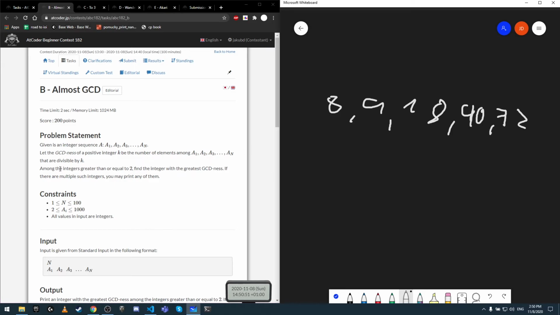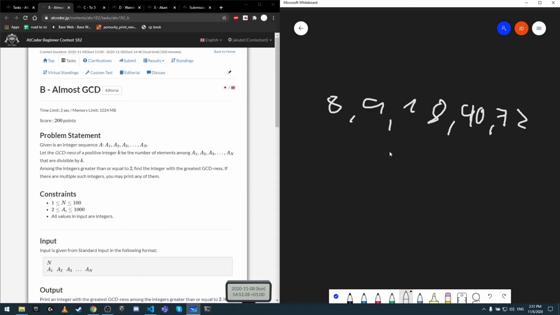So what is GCDness? GCDness is the number of elements that are divisible by that integer k. Now amongst integers 2 or bigger, you need to find such an integer that it divides most numbers.